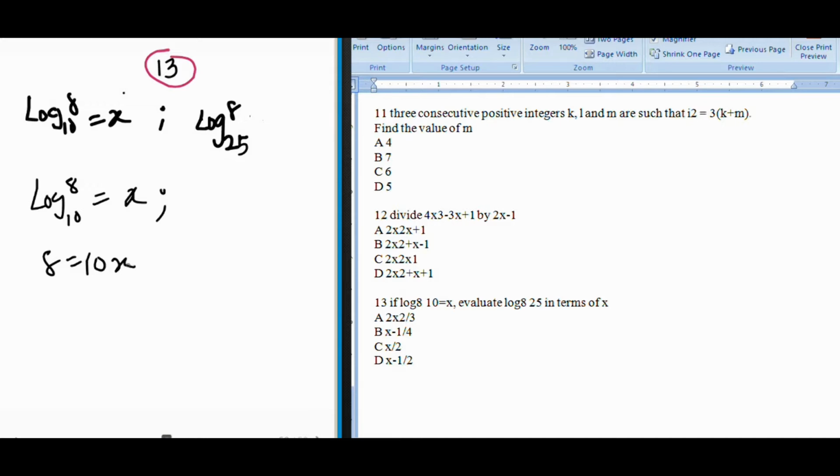Now, if you look at that, our base is a perfect square, which means we can do something about it. Which means log of 10 raised to power x, base 5 squared, because 5 squared is still the same thing as 25.